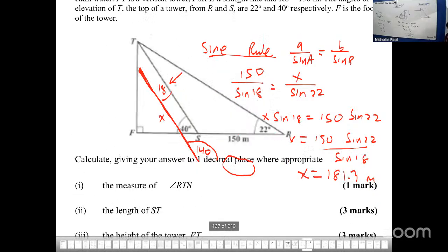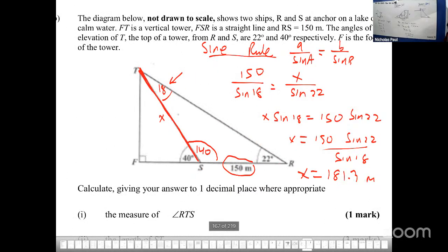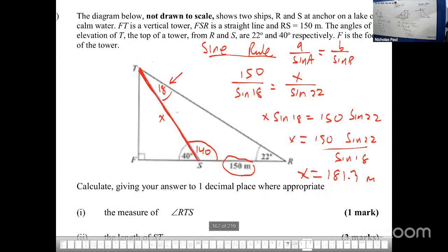Find the height of the tower FT. So I just put anything that we have. Here is 181.3, 40, and they want us to find FP. So let's call that y now.